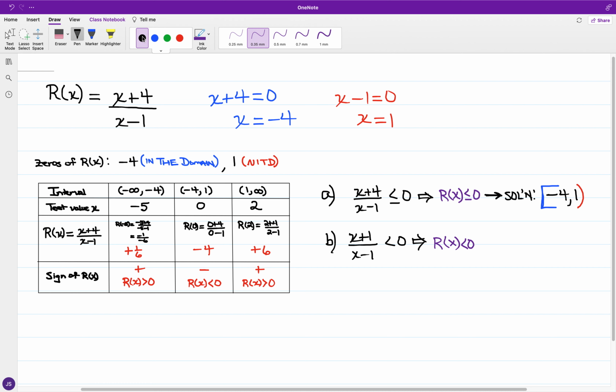So you have where r of x is less than 0. Then for the solution, again, you have parentheses only around -4 and 1.